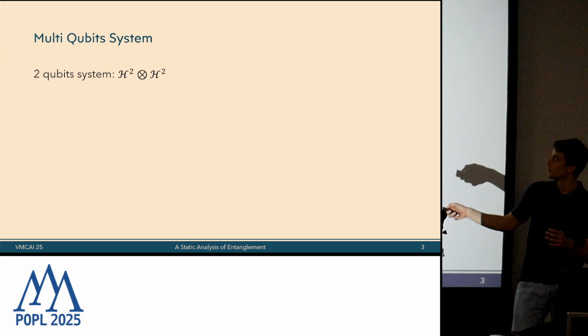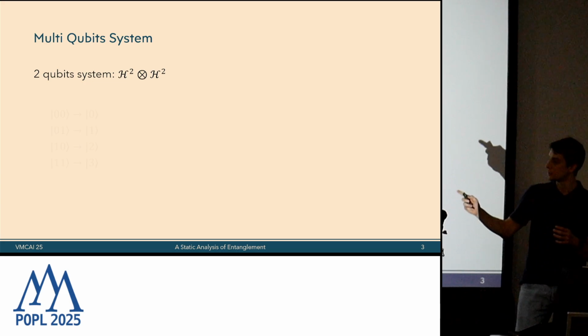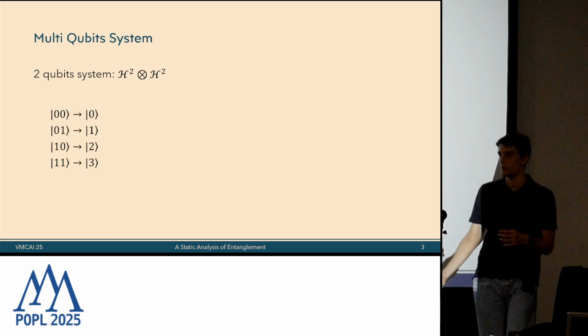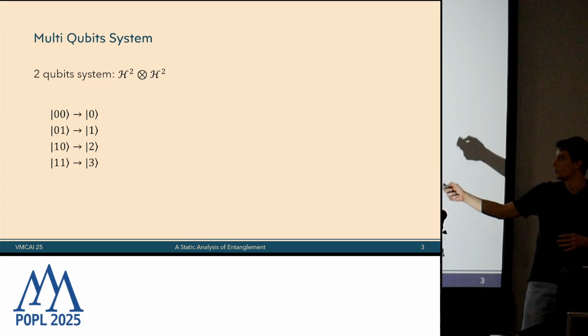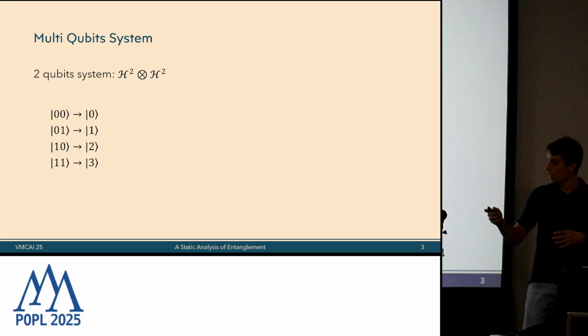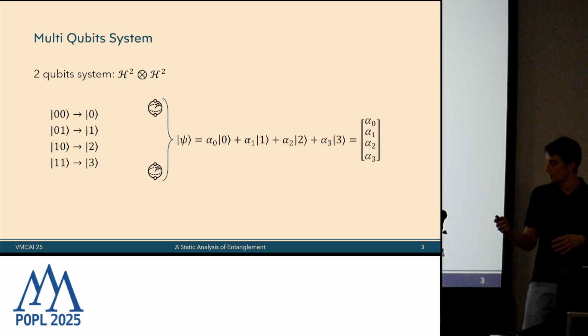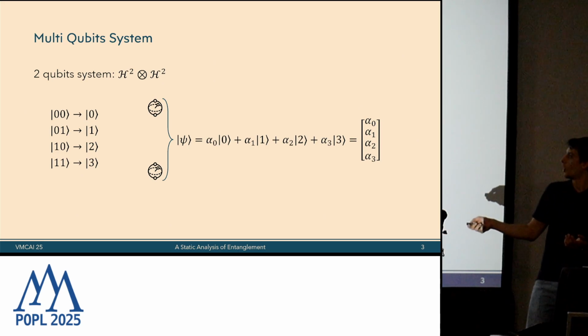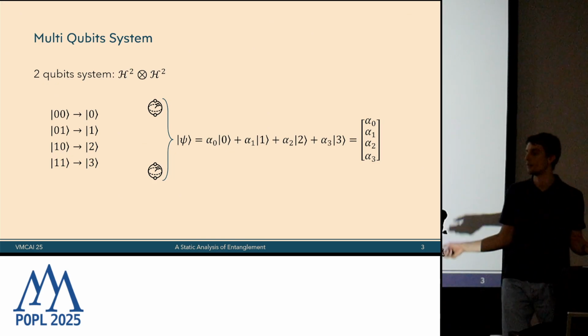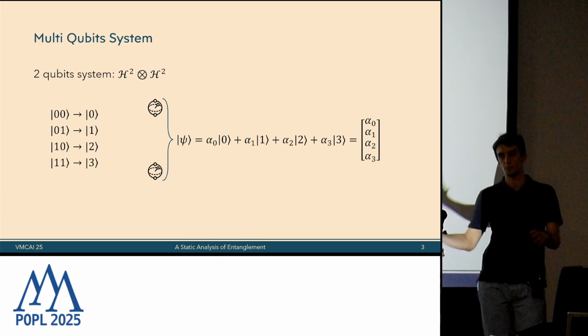In this case, since we are combining two two-dimensional Hilbert spaces, we will get a four-dimensional Hilbert space. So we will have four bases that are basically the combinations of the two bases. And the state of a two-qubit system will be a superposition of these four bases. In case we have three qubits, we will have 8 dimensions, so 8 bases, and so on.